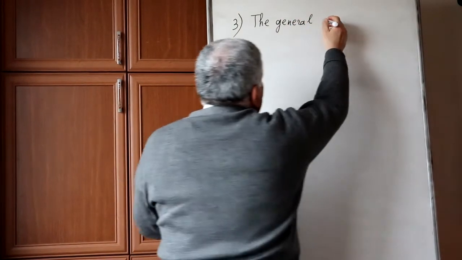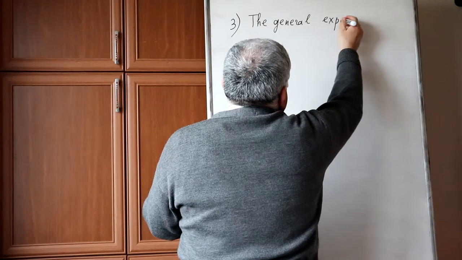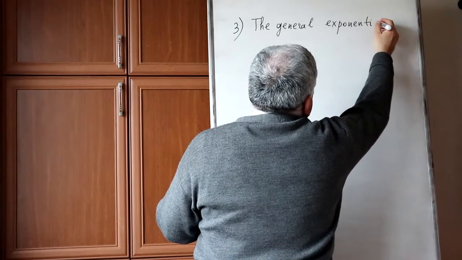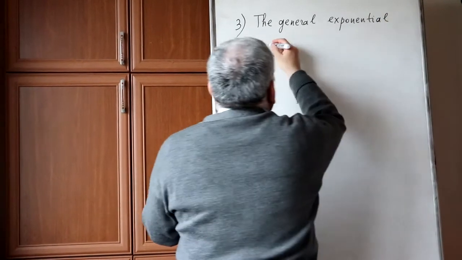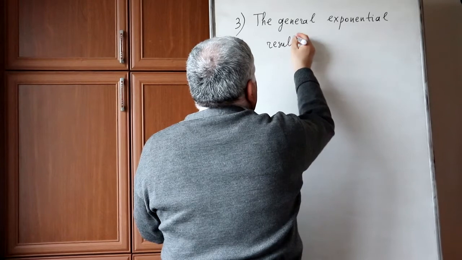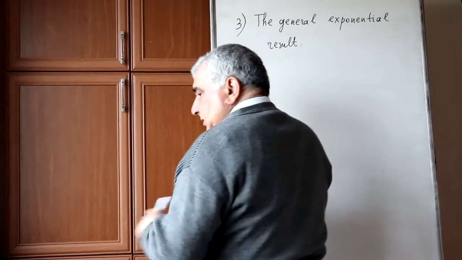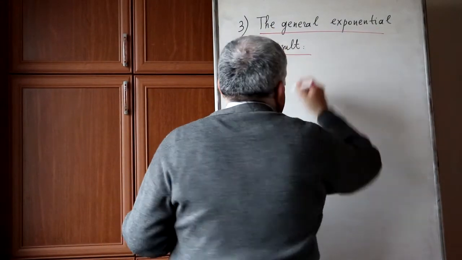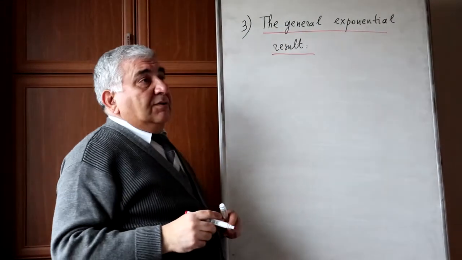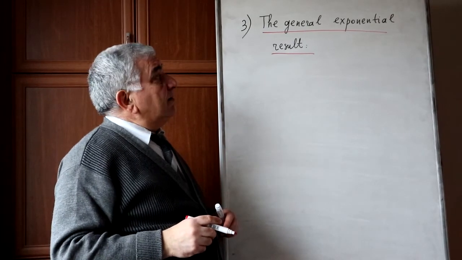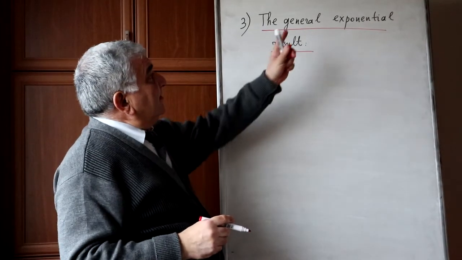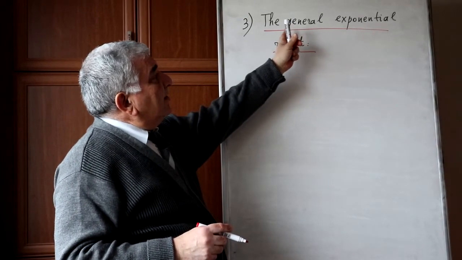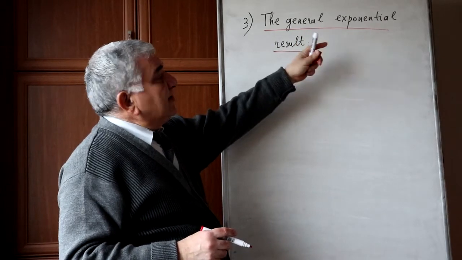Exponential in Azeri is üstlü, in Russian показательный. That is umumi üstlü netice. In Russian общее показательное следствие.